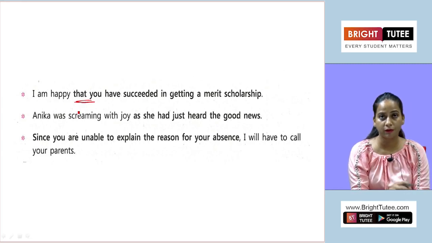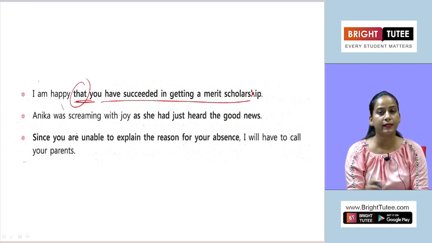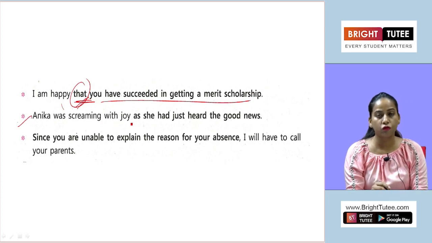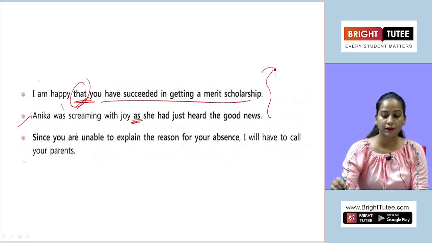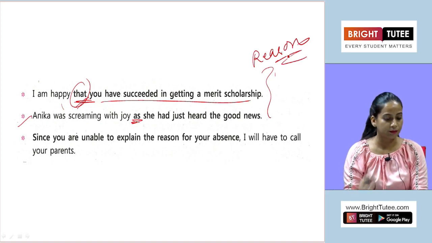Why are you happy? If you get this kind of answer, that you have succeeded in getting a merit scholarship, then the word used as an adverb clause here is that. Anika was screaming with joy as she had just heard the good news. So we can see the reasons are given here along with the main part.